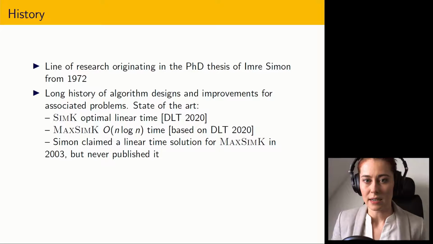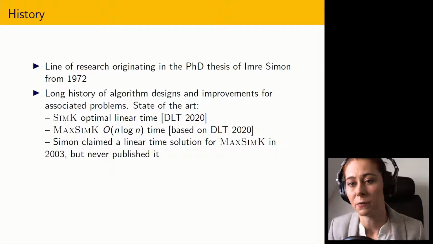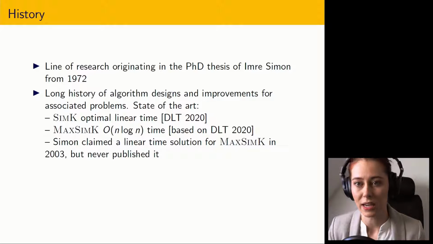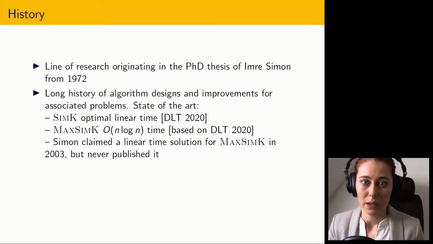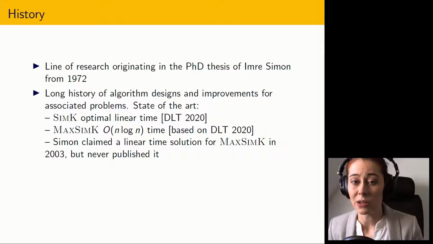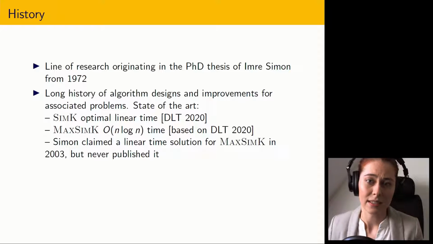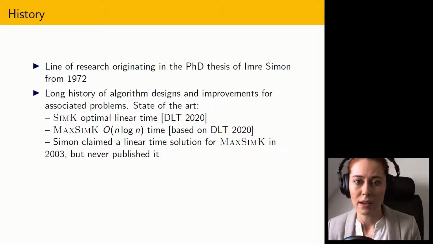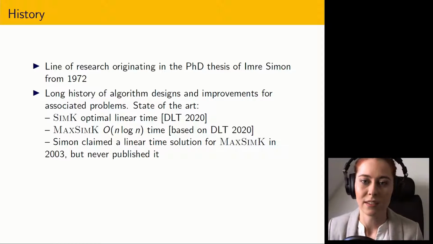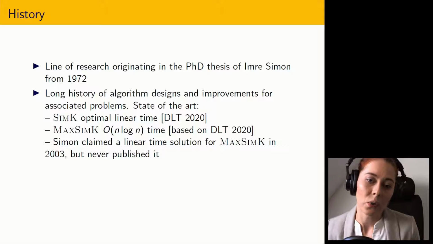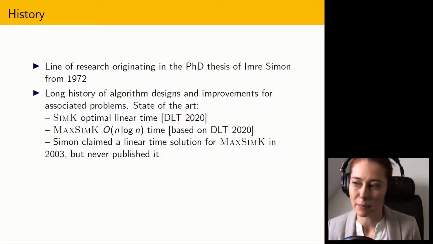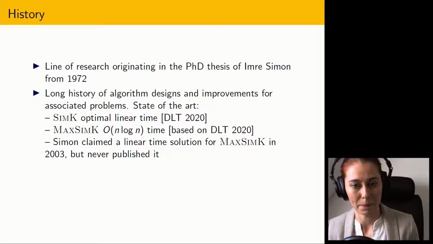These problems are associated with a long line of research which originates in the PhD thesis of Imre Simon in 1972. There he introduced the notion of Simon's congruence, and there's a long history of algorithm designs and improvements, and so far a paper published in the DLT conference gives us an optimal linear time algorithm for SimK and an O of n log n time algorithm for maximK.